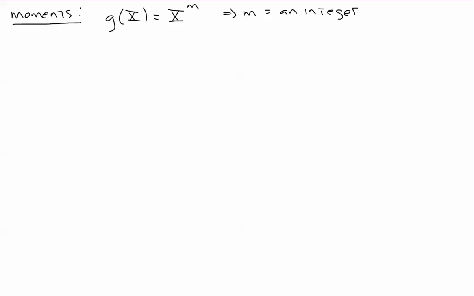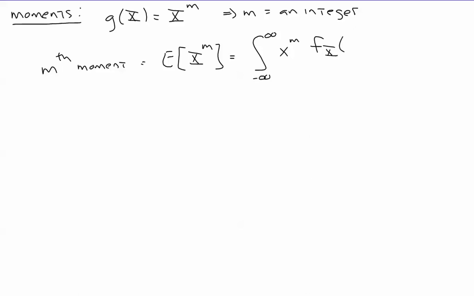All right. The expected value then, the mth moment, is the expectation of x raised to the mth power, and that is the integral from minus infinity to plus infinity of little x raised to the mth power times the probability density function of x, integrated over all x.